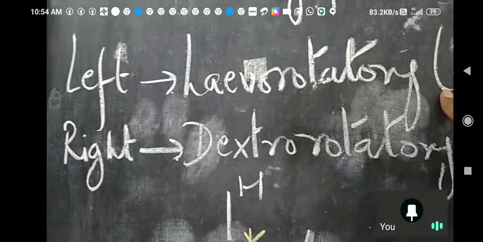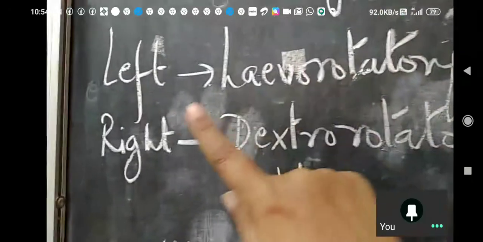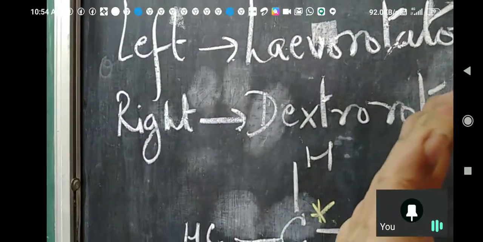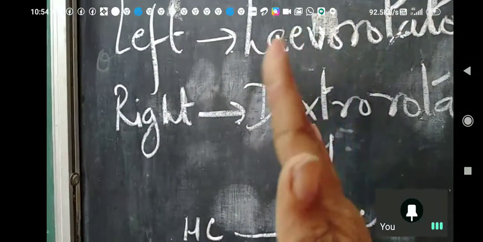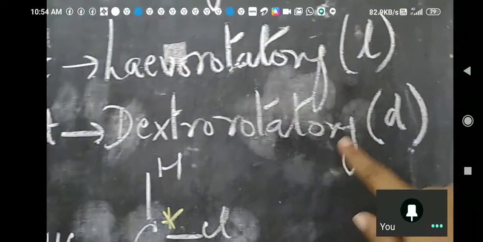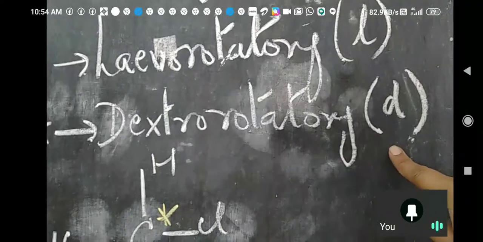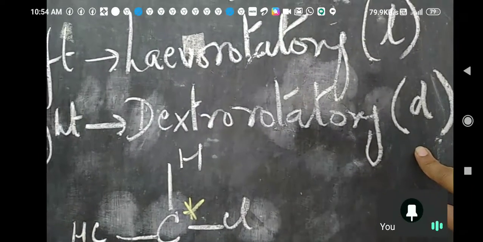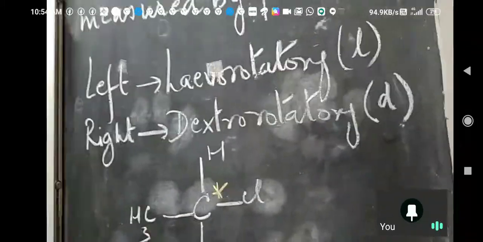This is levorotatory. If it is rotating towards right like this by an angle theta, then it is dextrorotatory, and it is represented by small d. Is that clear? So that is it. Alright.